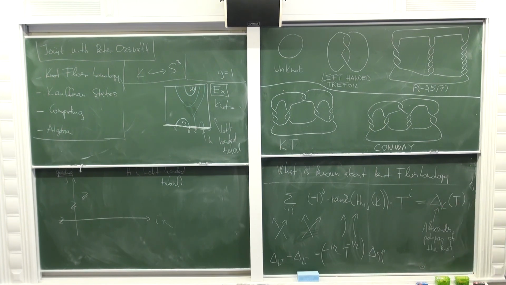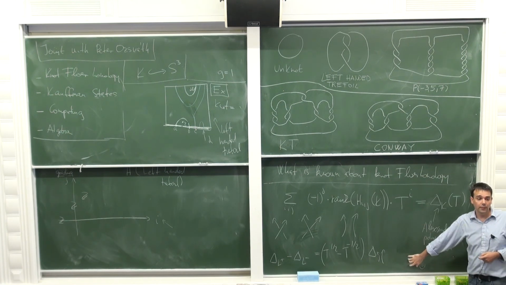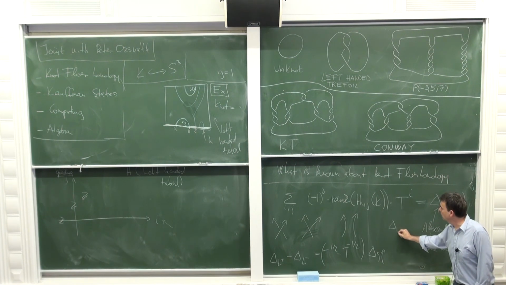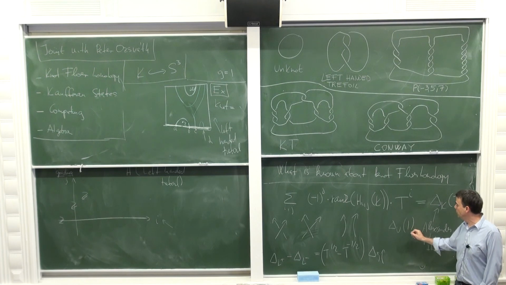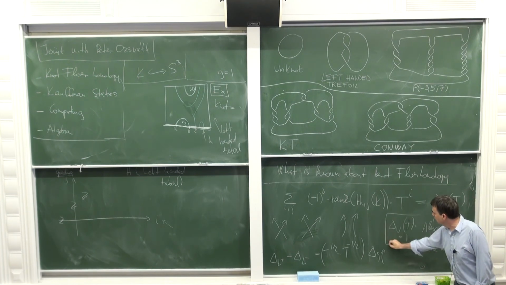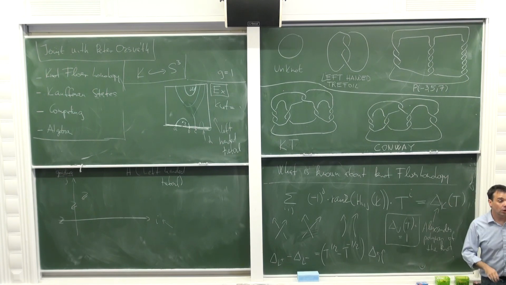So in general, the Alexander polynomial for a link is a polynomial in t^(1/2) and t^(-1/2). For a knot, it's an actual polynomial in t, and it satisfies the skein relation. And if you add the normalization that the Alexander polynomial of the unknot is equal to 1, then there's a unique knot or link invariant that satisfies this.